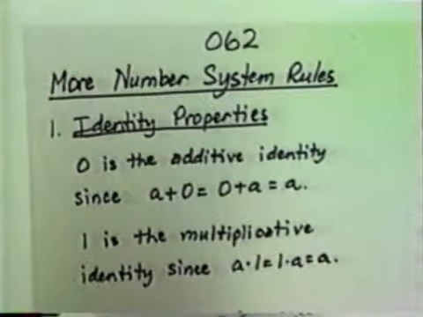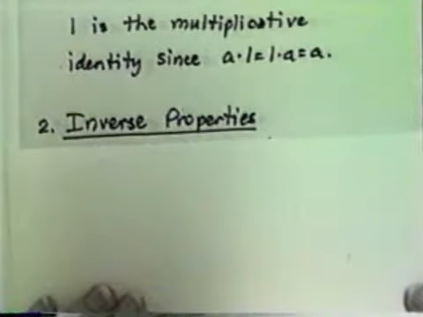The next pair of properties is a pair of inverse properties. The inverse for addition is the number you can add to 3 and get 0. What do you add to 3 to get 0? You add negative 3.